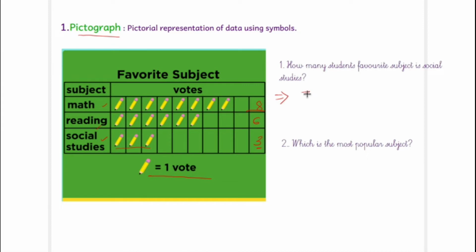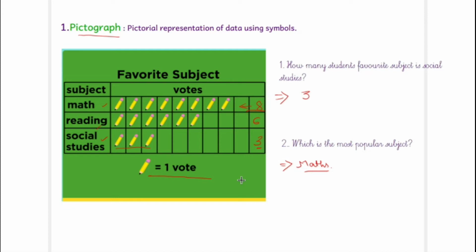So we will write the answer as 3. Number 2, which is the most popular subject? Obviously the subject which gets the maximum votes is the most popular. Here it is 8, and the subject is mathematics. So we will write maths. By reading a pictograph, we can easily come to know what the data says to us.